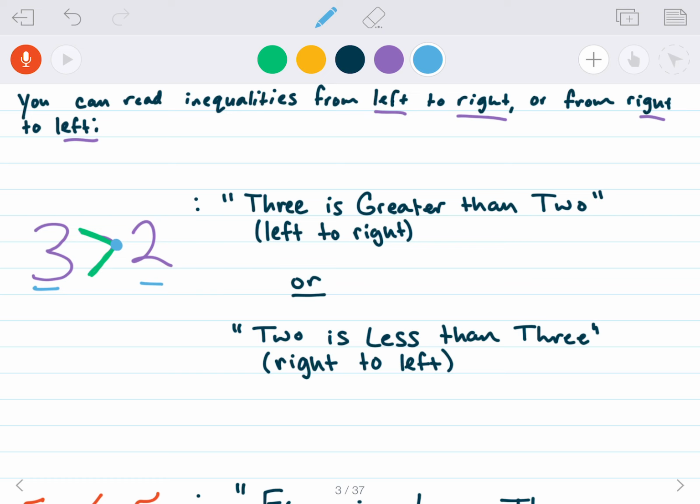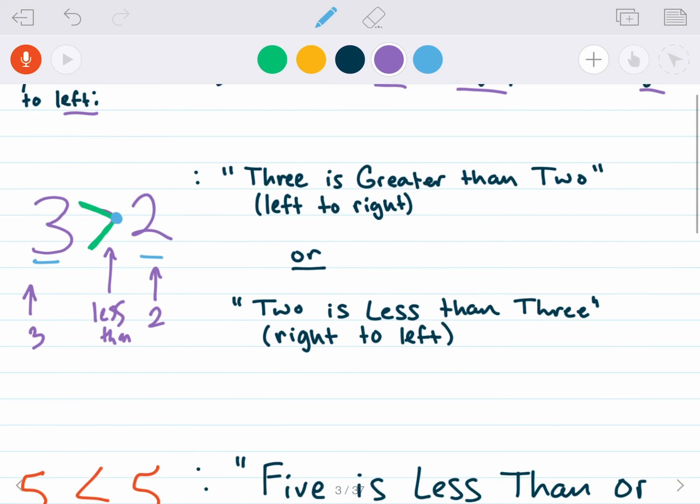If you read it from right to left, you start with 2, and the point means less than, so you would read 2 is less than 3. So you can read it from left to right, 3 is greater than 2, or from right to left, 2 is less than 3. See how we do that?